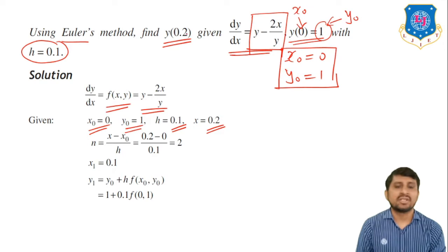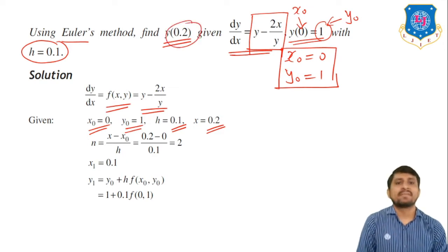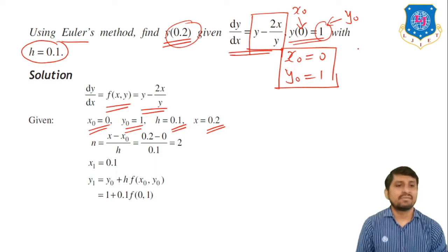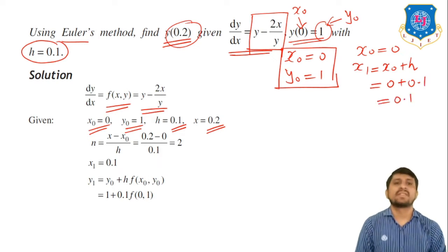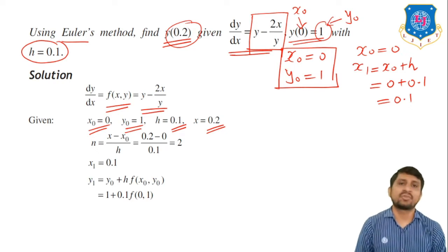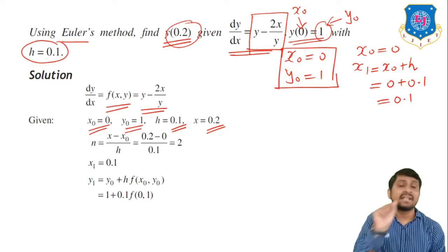We want to find the value at 0.2. So x0 is equal to 0. What is your x1? x1 means x0 plus h, so x0 is 0, h is 0.1, and that's why x1 is 0.1. First you find your first approximation y1 at x1.